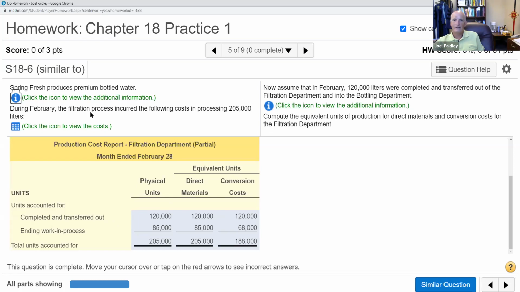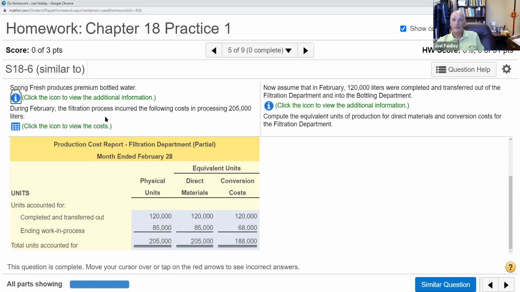All right, and it says that during February, the filtration process incurred the following costs in processing: 205,000 liters, 205,000, 120,000 processed. So that means I've got 85,000 in ending inventory, right? Yes. 100% material-wise as far as units, because the water is introduced at the beginning.